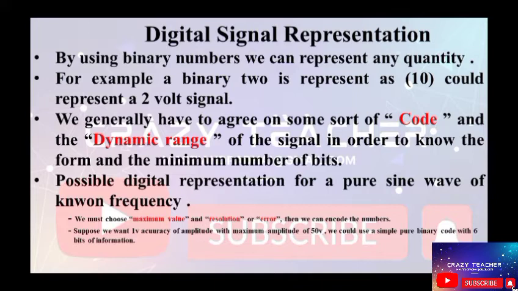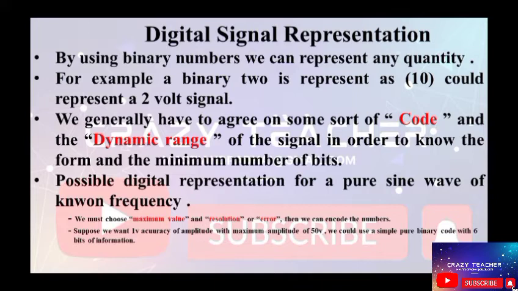Suppose we want 1 volt accuracy, and the maximum amplitude is 50 volts. That is, the signal goes from minus 25 volt to plus 25 volt in the two ranges.